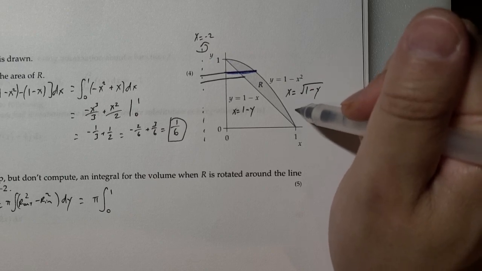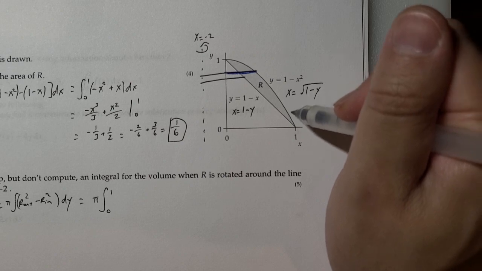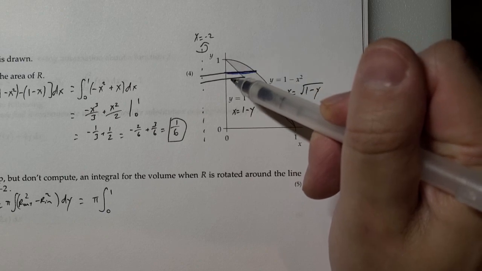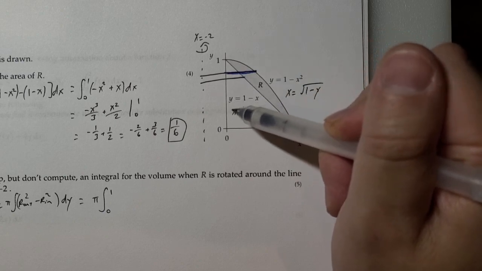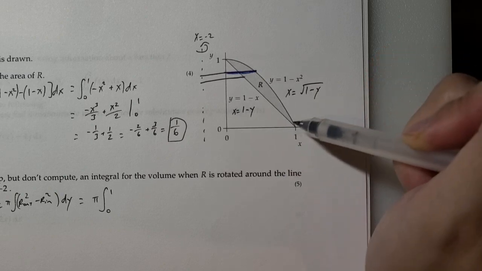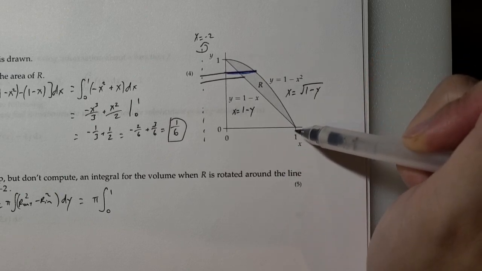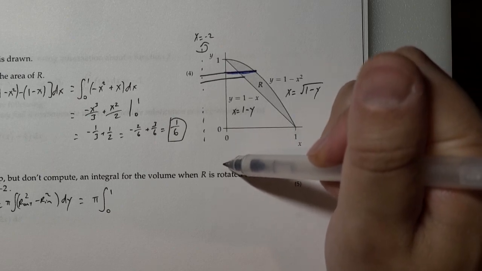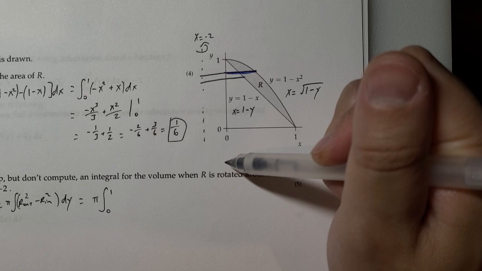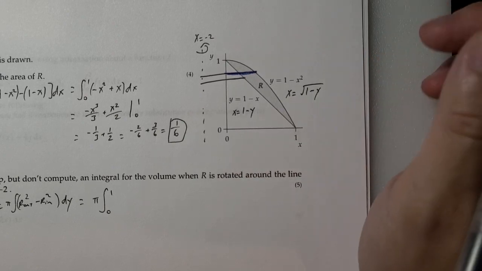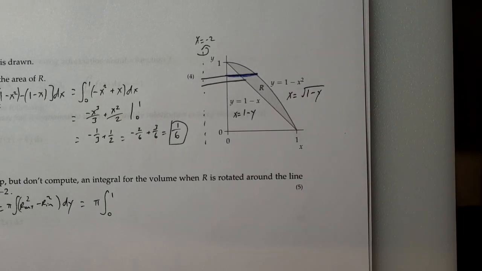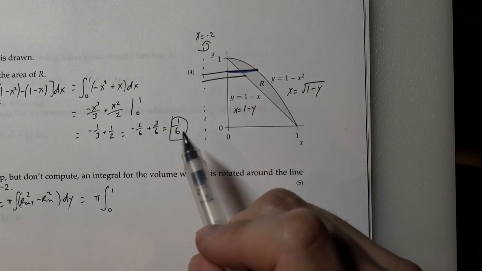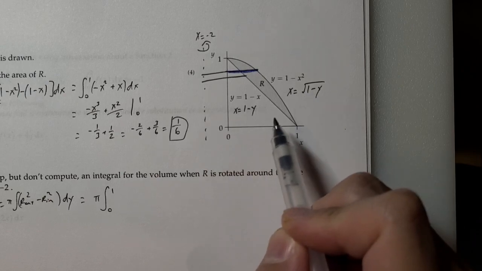When we plug in y is equal to 1, x is 0. When we plug in y is 0, we get x is 1. What about when we plug in y is minus 1? Does that help? I'm trying to see which one it is. What would get us this side of the curve over there? Because that would be minus.